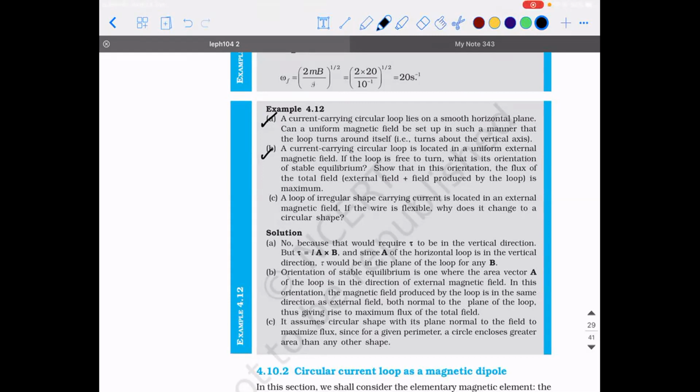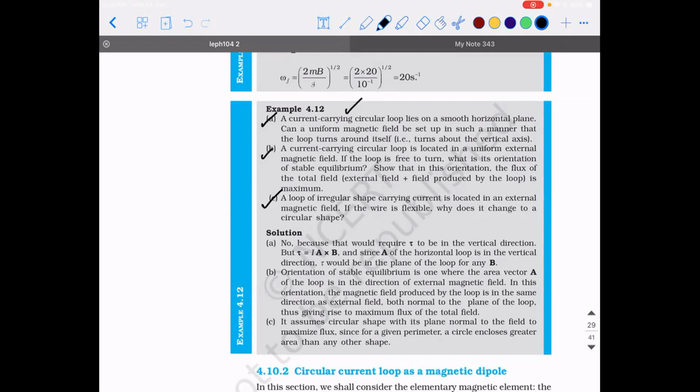If the loop is free to turn, what is the orientation of stable equilibrium? Show that in this orientation, the flux of the total field, that is external field plus field produced by the loop, is maximum. And in the third case, a loop of irregular shape carrying a current is located in an external magnetic field. If the wire is flexible, why does it change to a circular loop? Okay.